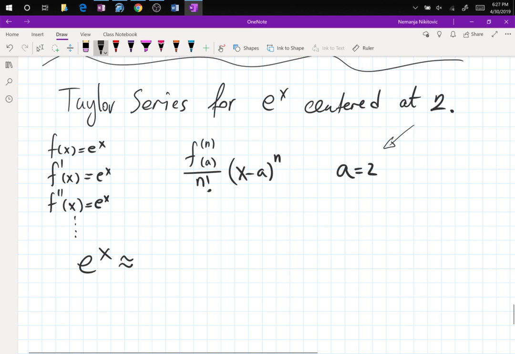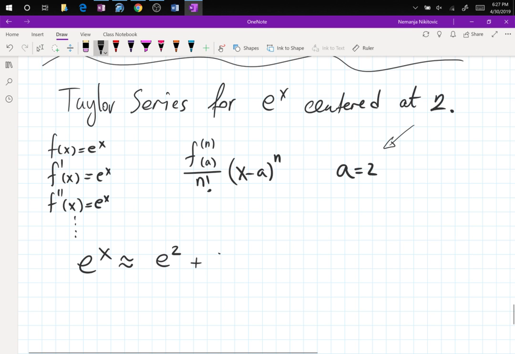Well, first is the 0 term. The 0th derivative of a function is just the function itself, so it's e squared, divided by 0 factorial, which is 1, times x minus 2 to the 0, which is also 1. So the first term is just f of a.